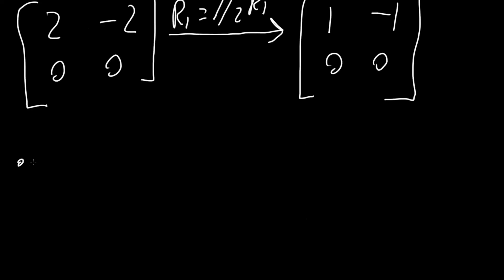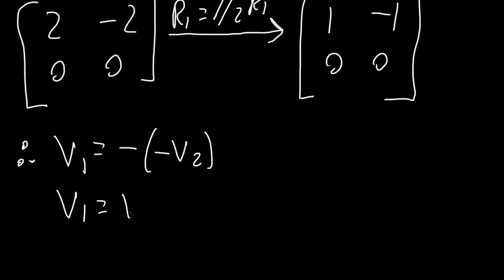And therefore, we could say v1, this term right here, is equal to minus parentheses minus v2. And so v1 is equal to v2. And so our eigenvector for this would be 1, 1. Because if we plug in v1 is 1, then v2 is also 1.